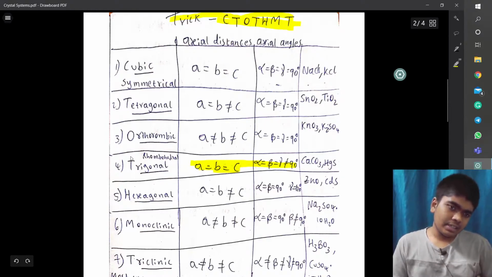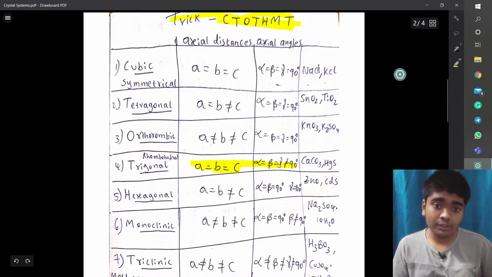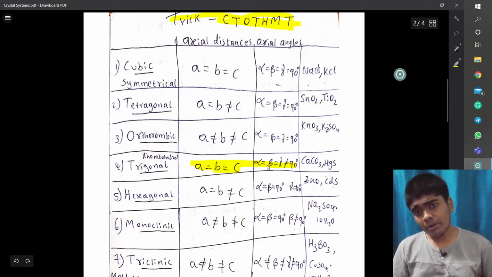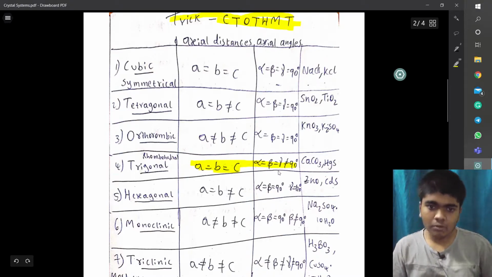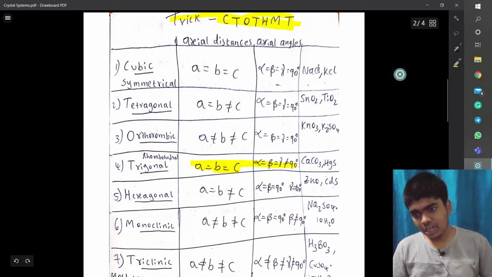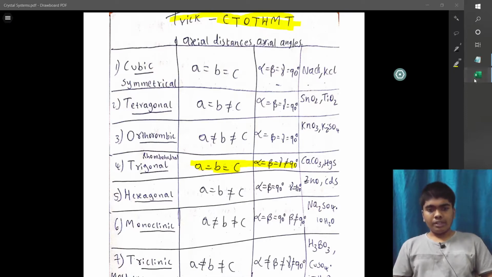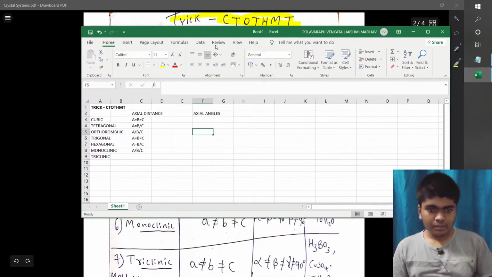At the center of the table, it is easier to write the axial angles as alpha equal to beta equal to gamma not equal to 90. So start from here, and you can get everything, the above and the below, which is not a big problem. You need to start from this point, that is A equal to B equal to C.